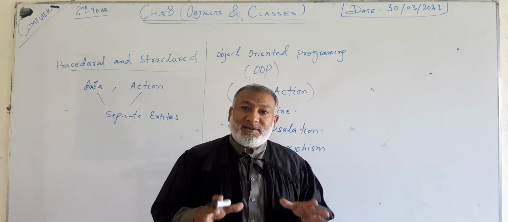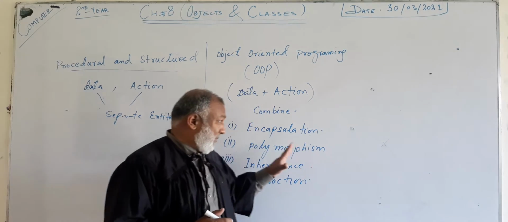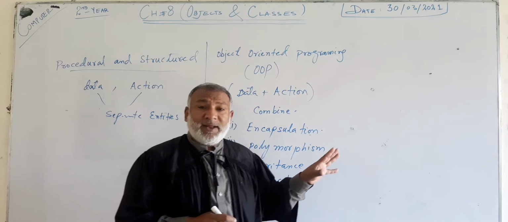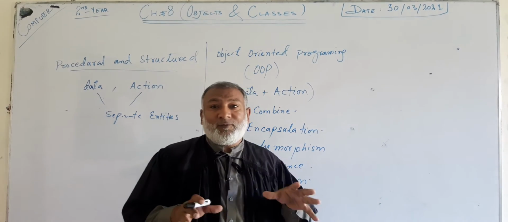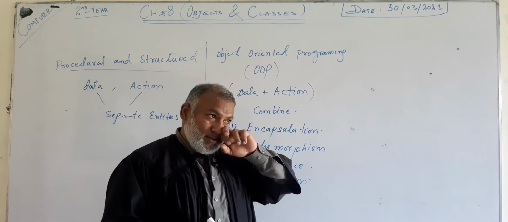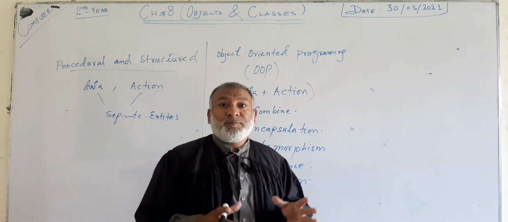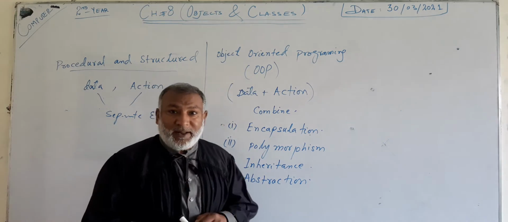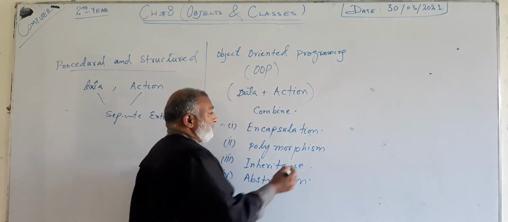And since the C++ language supports all these four basic principles, which are called the four pillars of object-oriented programming, it is called a pure object-oriented programming language.